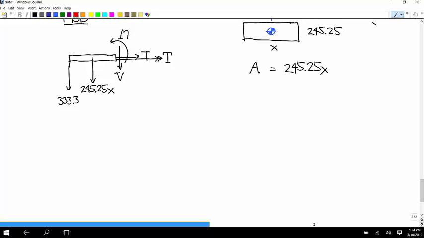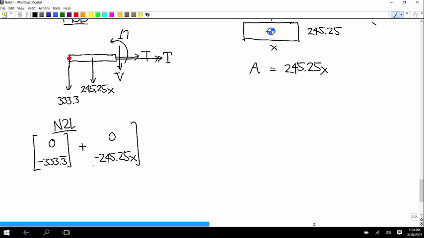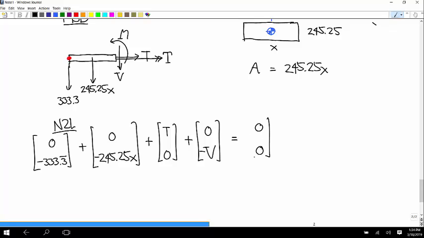And again, I'll choose the about point over here. I'll do that every time. So Newton's second law, we have 0, negative 333.3 repeating, plus 0, negative 245.25x, plus T0, plus 0, negative V is equal to zeros.